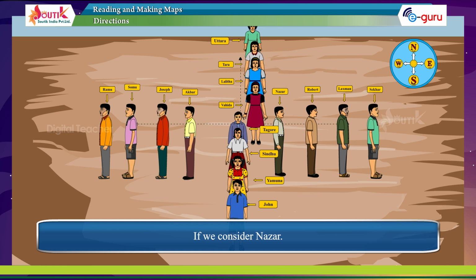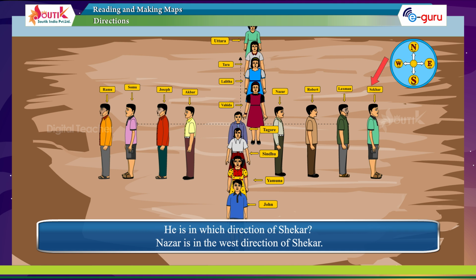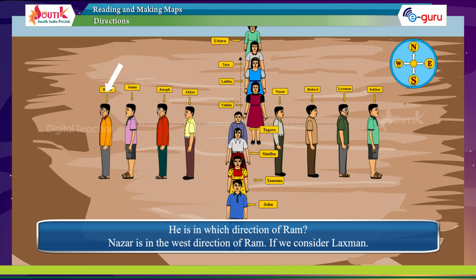If we consider Nazar, he is in which direction of Shekhar? Nazar is in the west direction of Shekhar. He is in which direction of Ram? Nazar is in the west direction of Ram.